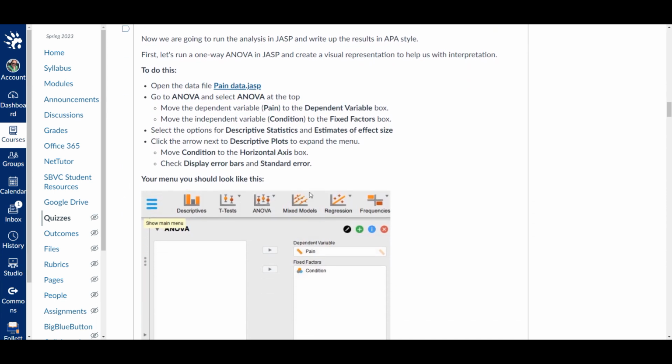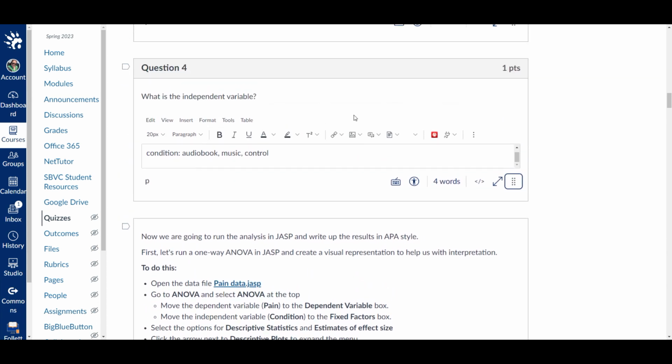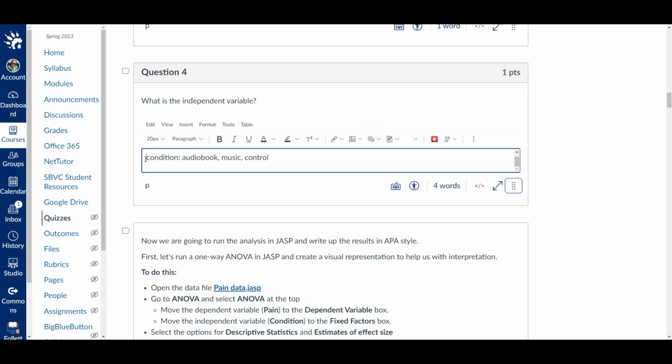Now, to run this in JASP, we're going to do a one-way ANOVA. And this is called a one-way ANOVA because we have one independent variable. So a one-way ANOVA has one independent variable, but our one independent variable has 3 levels. The fact that we have more than 2 levels means we cannot use a t-test.